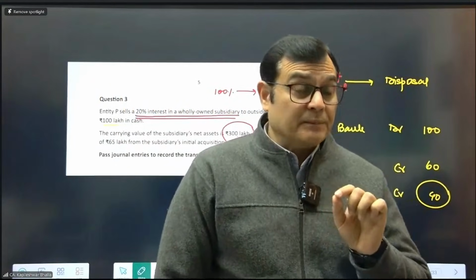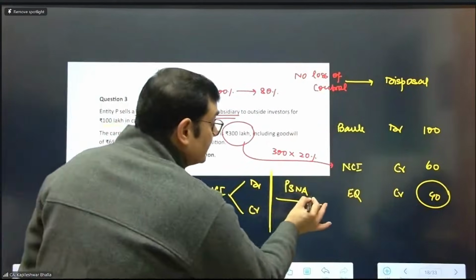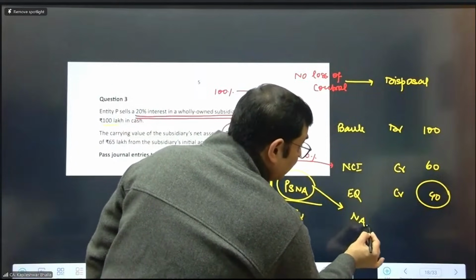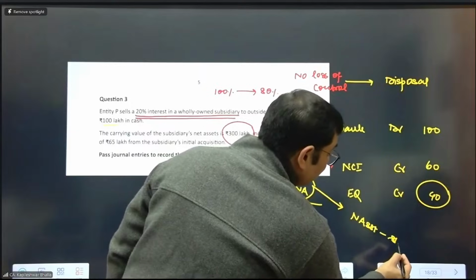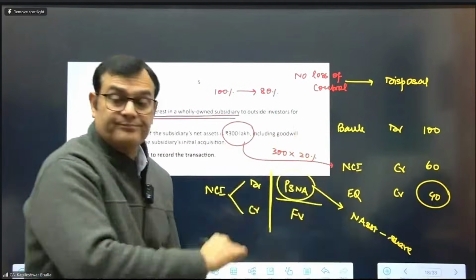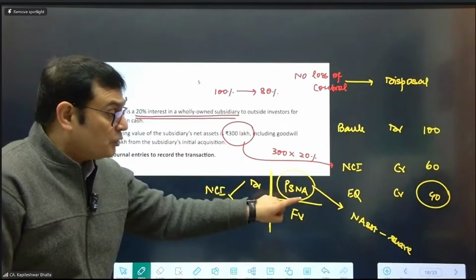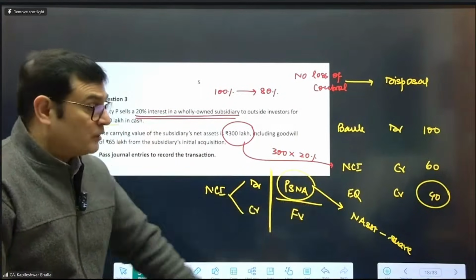But let me make a statement. If the NCI is taken at PASNA, can I say it will be recorded at the share in net assets without goodwill? Is that correct? When you consider that NCI is at PASNA, you will take the share in the net assets without the goodwill.